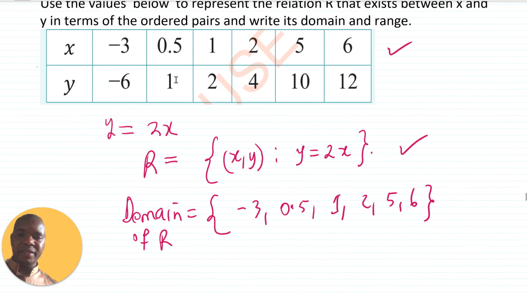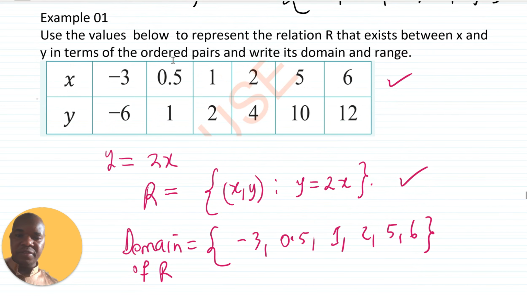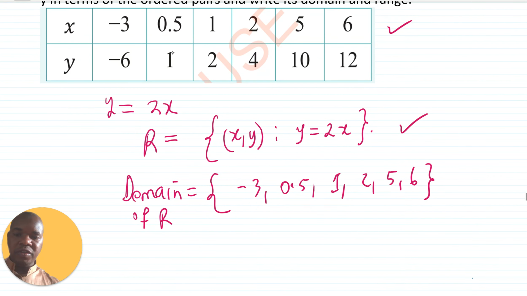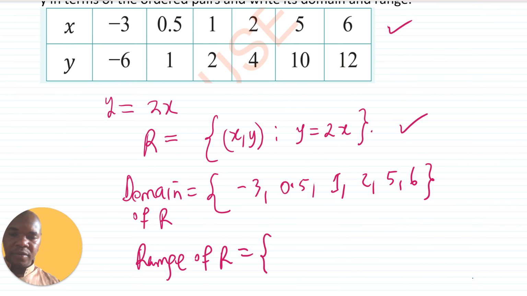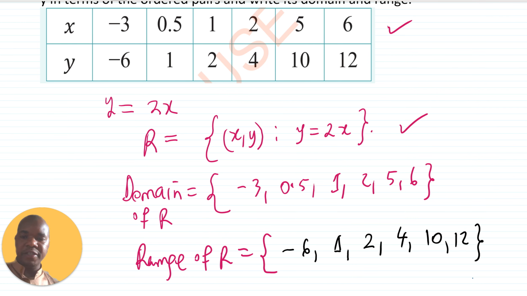So that is our domain. Going to range. The range of R is going to be -6, 1, 2, 4, 10, 12, dear students. So that is the solution for example number 1.